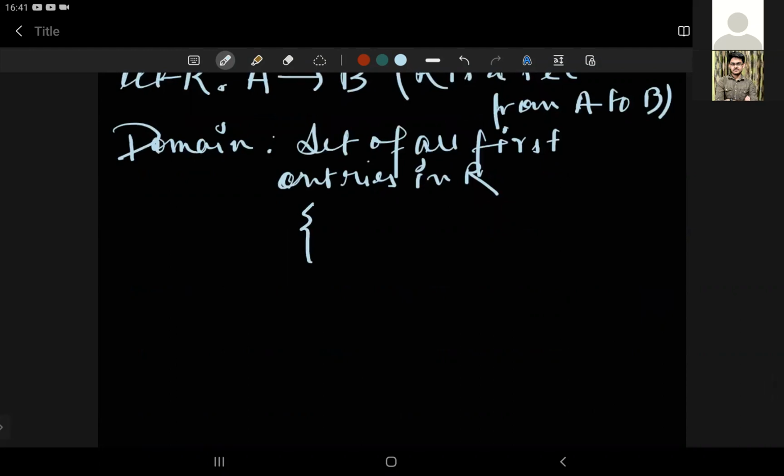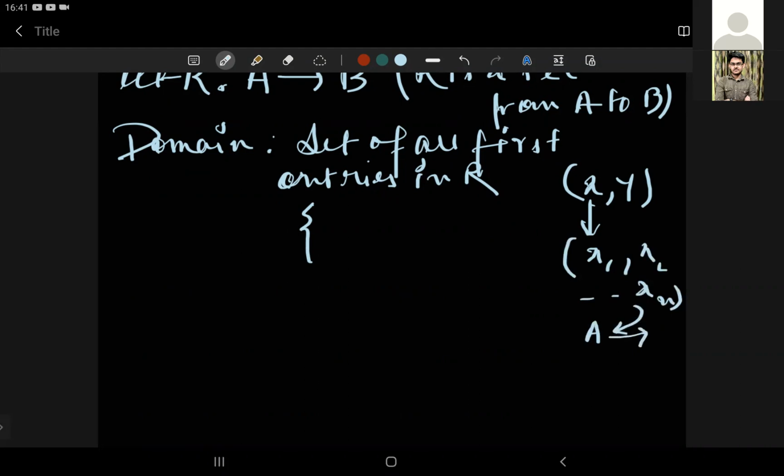Let's say we have x comma y as any element of that relation. Then the set of all first entries means the set of all x, let's say x1, x2, dot dot dot up to xn, which belong to set A, which is related to some set B. These x1, x2, dot dot dot xn all belong to A. This will be my domain. Is it clear? Yeah, it's clear.